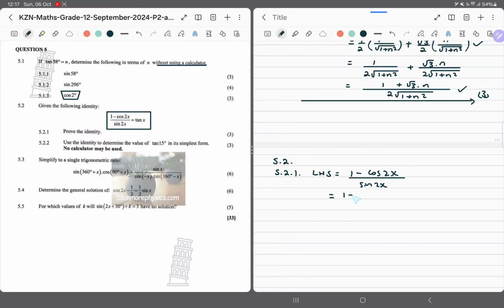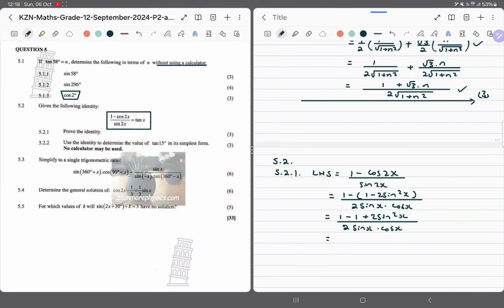So we can say this is 1 minus, when it comes here we can say 1 minus 2 sine squared x, because we want a tan, so a tan must have a sine in the numerator, so that's why we want to do that. So a proper inspection will have revealed what to do. This one is a double angle, so this is 2 sine x cos x. Okay, we deal with the bracket, so it's going to be 1 minus 1 plus 2 sine squared x over 2 sine x cos x.